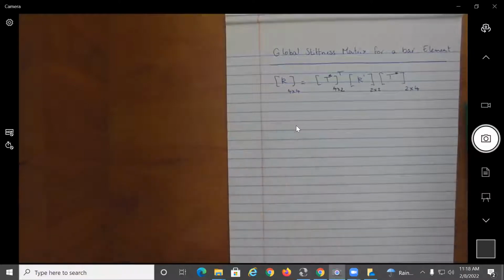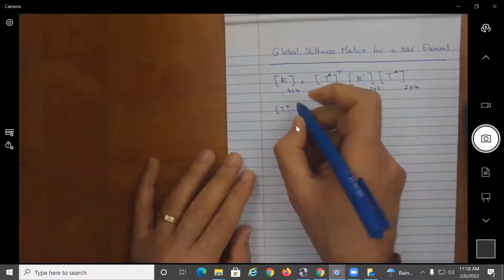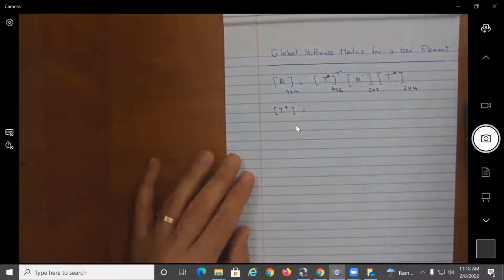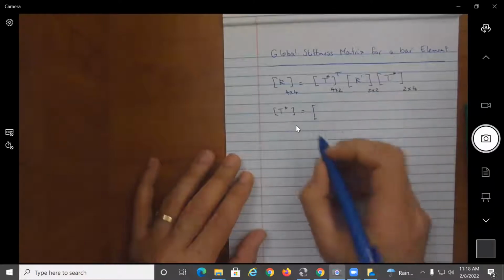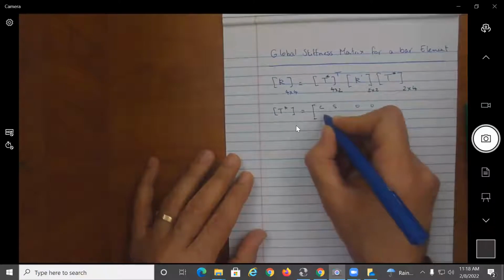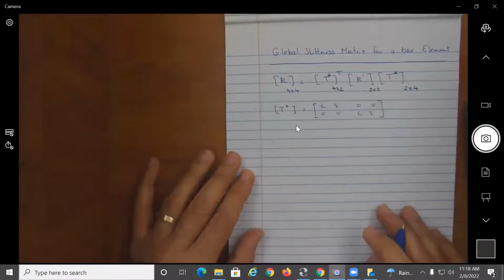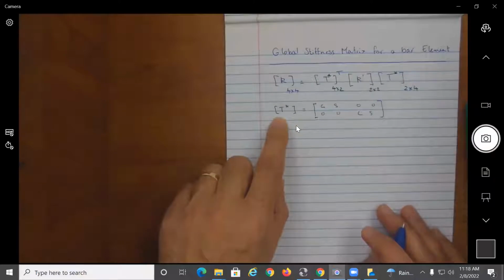I defined last time the T star as a 2 by 4, where we had the C, S, 0, 0, and 0, 0, C, S. And simply the T star transpose would be the transpose of this one.